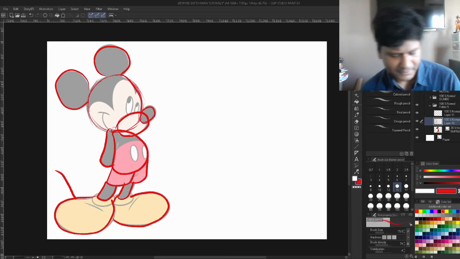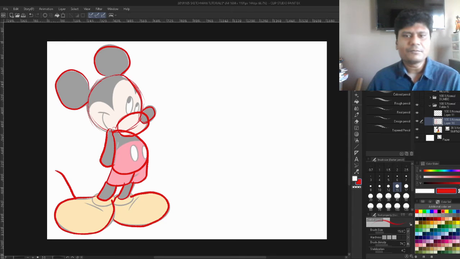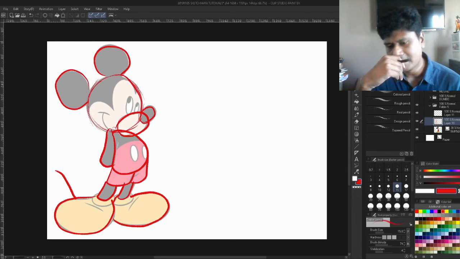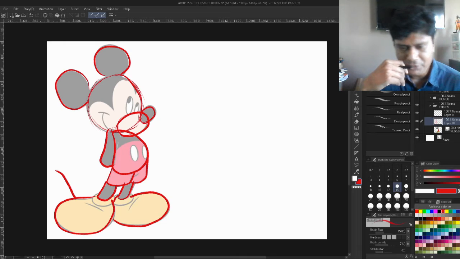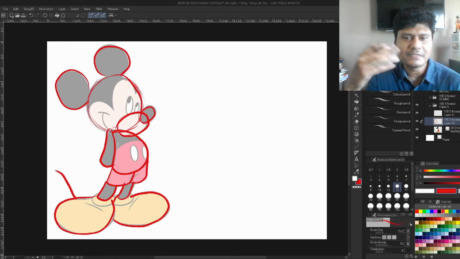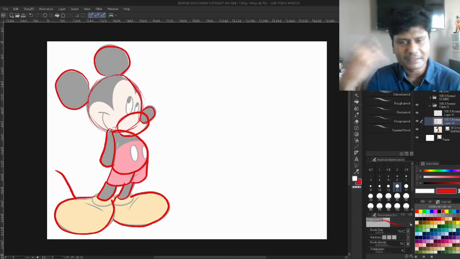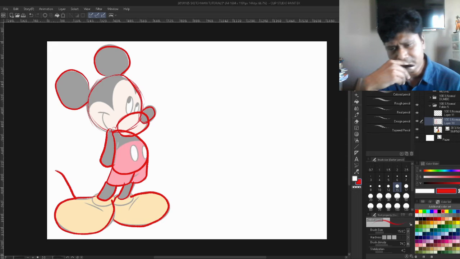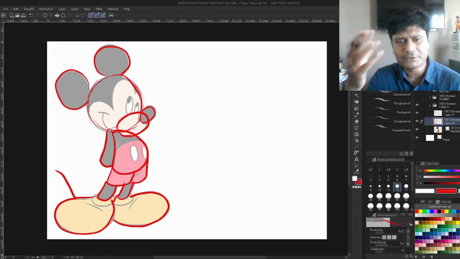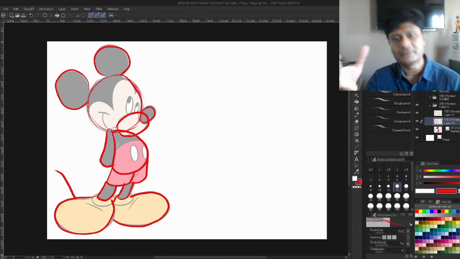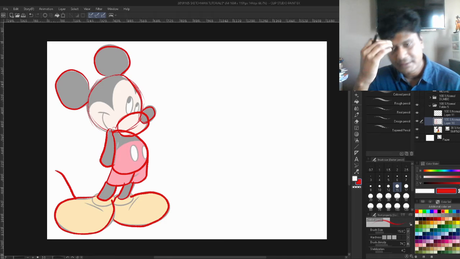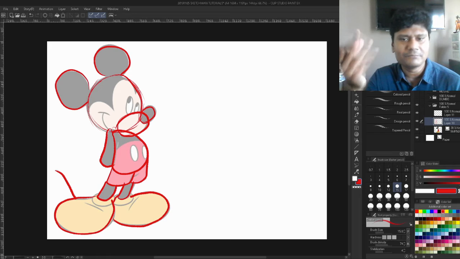And again, I think you might be seeing some, I don't want to say trope, but sort of things that come up when you see characters. Of course, Disney characters, I'm starting with Disney characters because I think they have been really influential and still are on many artists, because they all grew up watching the Disney movies.